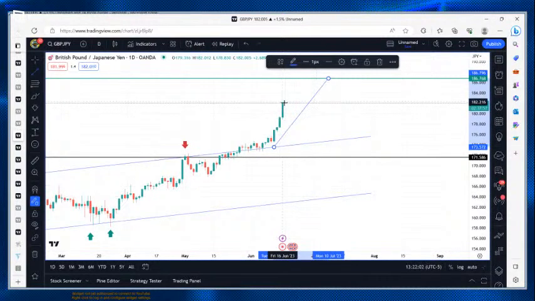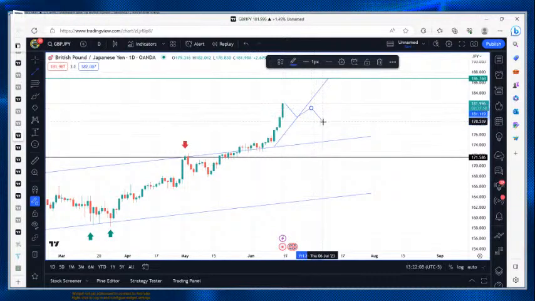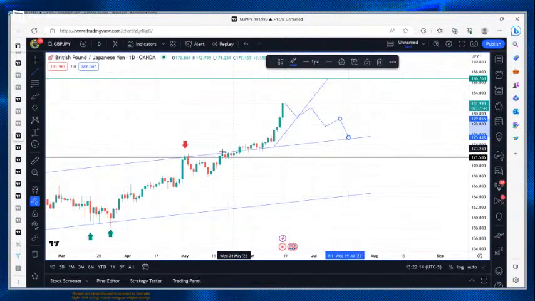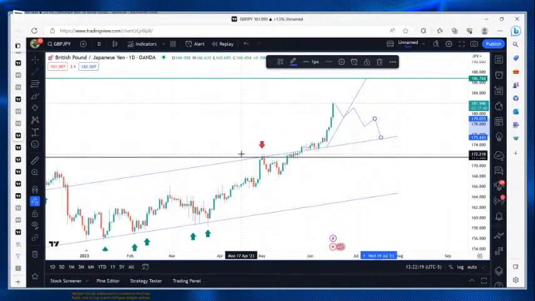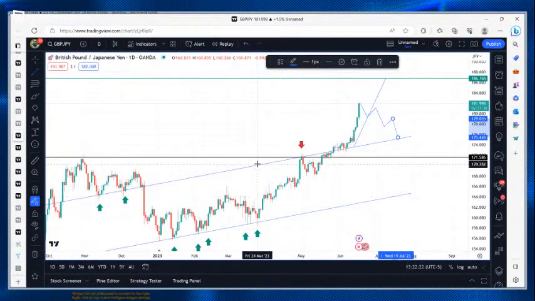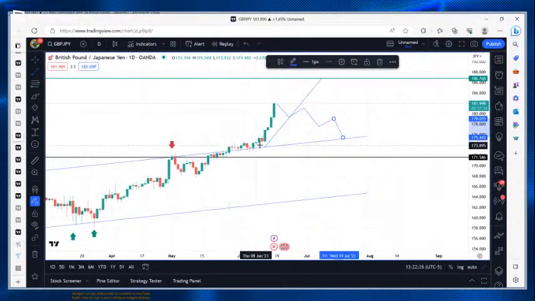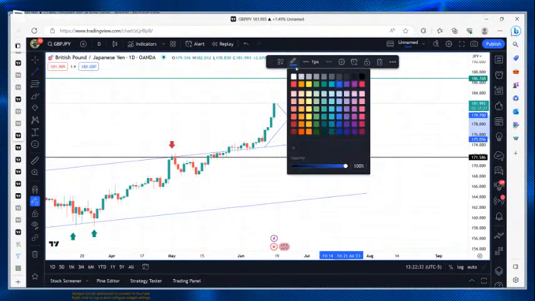So what we need the market to do is make lower highs and lower lows, coming back down to this known level of U-turn, to the backside of what was keeping the market down, come back and test it as support again, and then we start buying the market there.